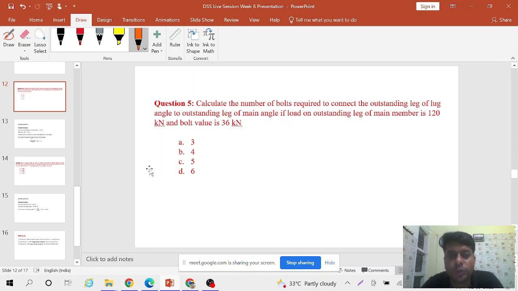Now coming to the fifth question. Calculate the number of bolts required to connect the outstanding leg of lug angle to outstanding leg of main angle if load on outstanding leg of main member is 120 kilonewton and bolt value is 36 kilonewton.